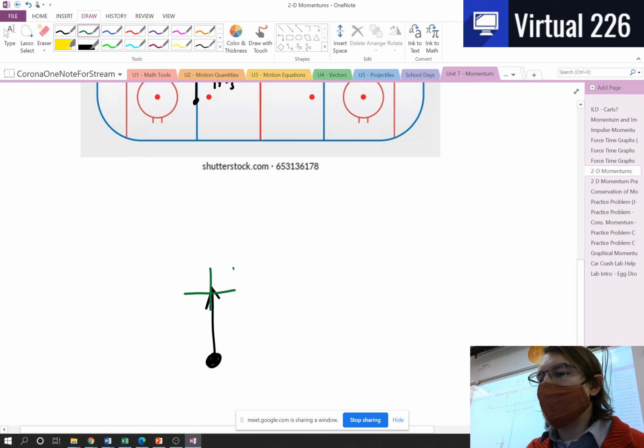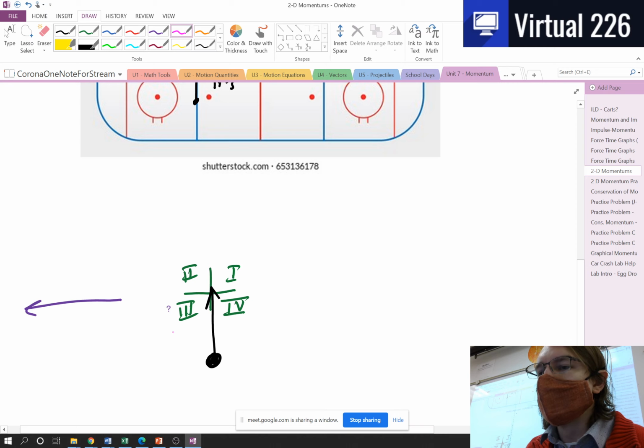If we kind of draw a grid here, do you think we're going to be in quadrant 1, 2, 3, or 4 in terms of the force striking this puck? I got a 4. So in this case here, it doesn't matter really where you stand, but because this has some velocity going upwards, some momentum going upwards due to the mass, we want to strike this puck somewhere in quadrant 3.